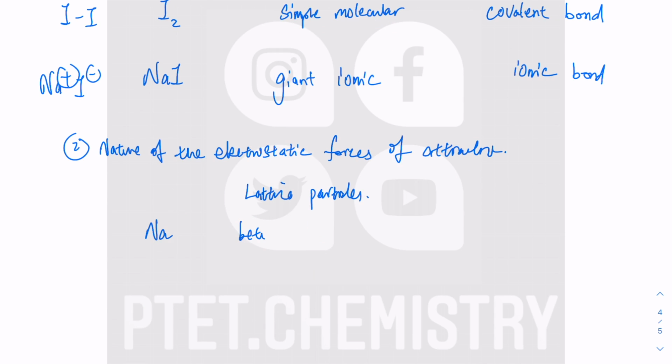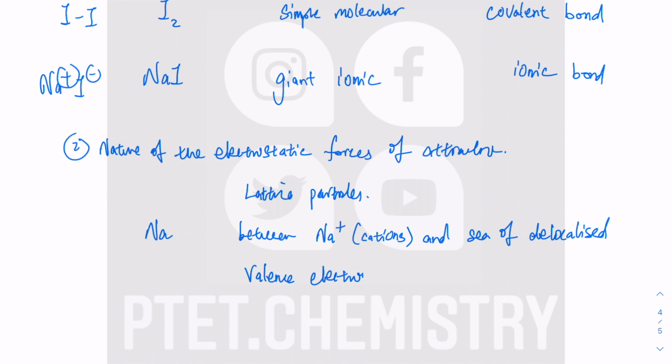It's between sodium ions, which are the cations, and the sea of delocalized valence electrons. So metals only delocalize their outermost shell electrons, meaning their valence electrons, and become positively charged cations, together with their own electrons. This is not anions, this is electrons with the cations. Therefore, it's still an element because there's no anion, there's nothing else.